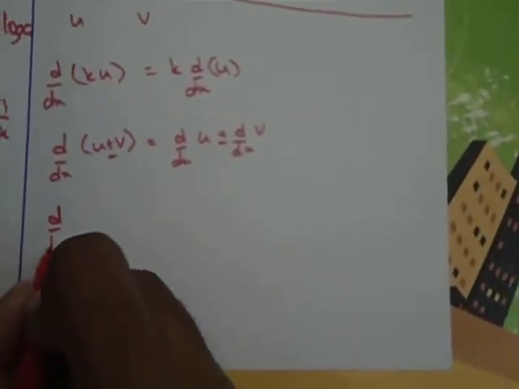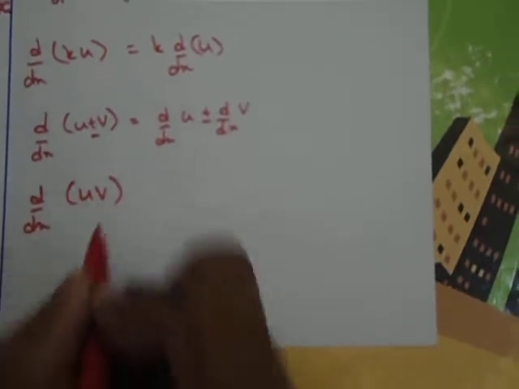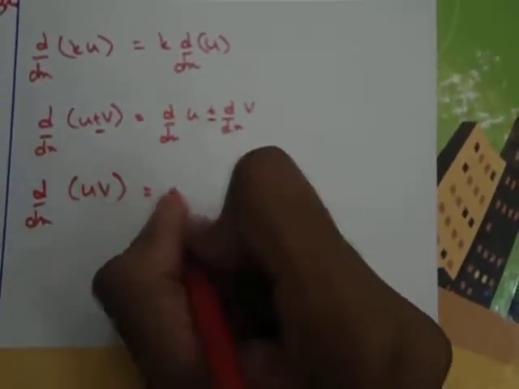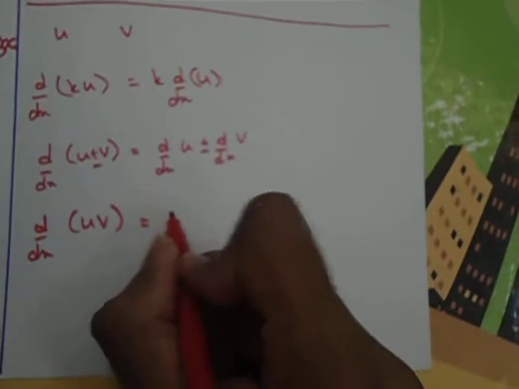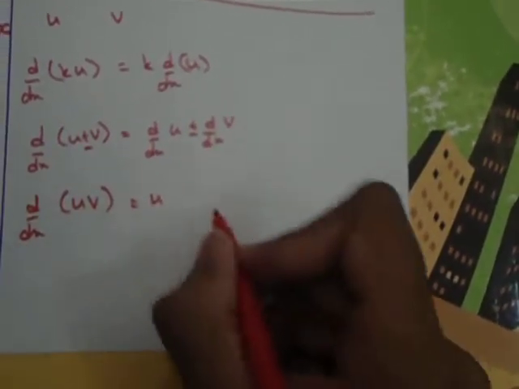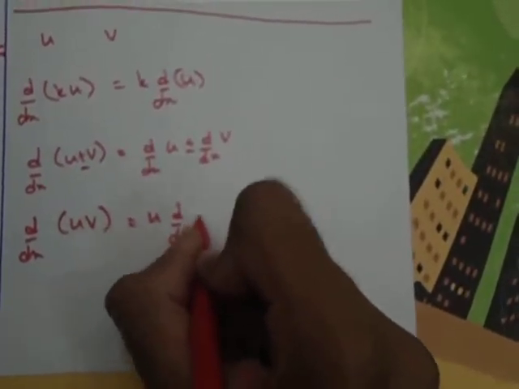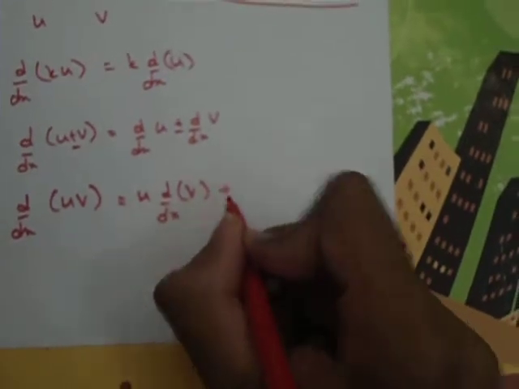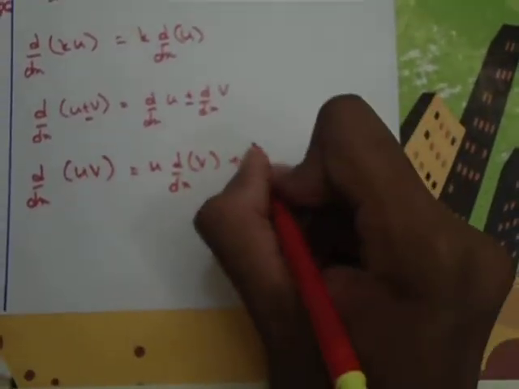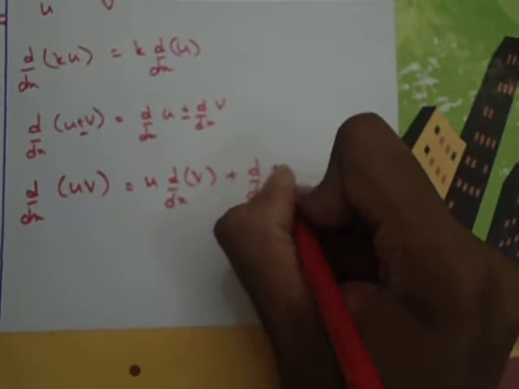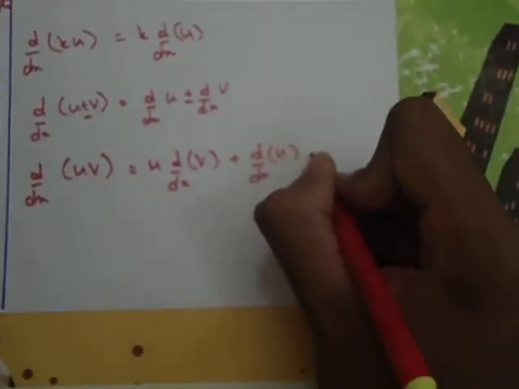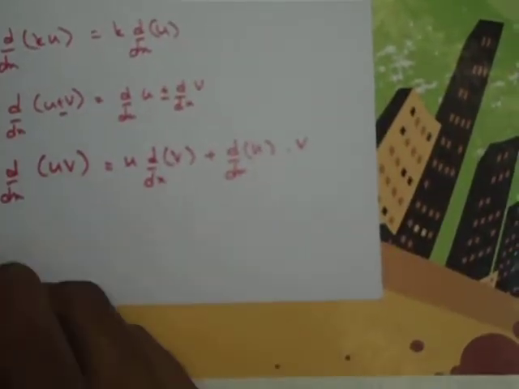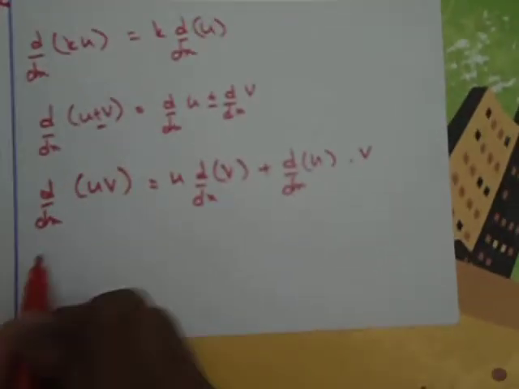But in case of d by dx of a product, that is u into v, this is defined as the first function, keep it as it is, u, into the differentiation of the second one, then plus, differentiate the first function, d by dx of u, and keep the second function as it is. So this is for product.